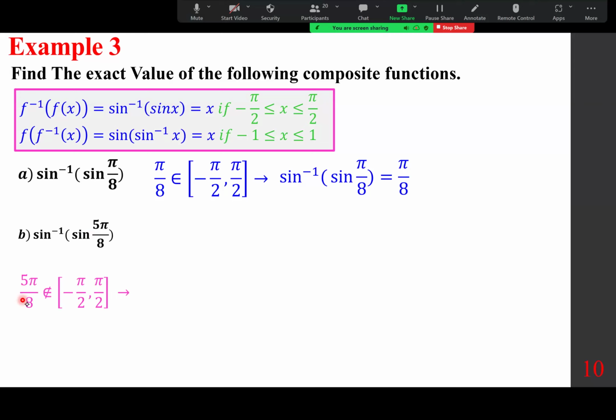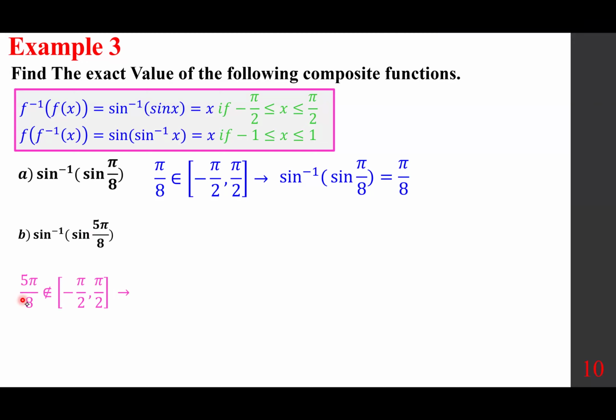What you can think of is that it's the same as sine of 3 pi over 8 in essence, okay? But in the second quadrant, let's look at this. Find an angle in the interval for which sine theta equals sine of 5 pi over 8.